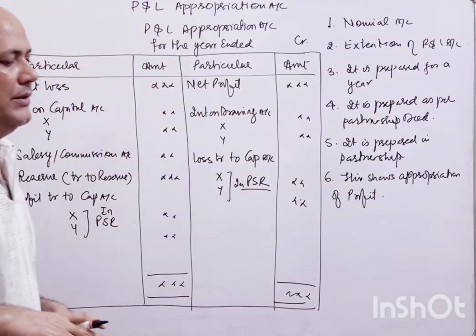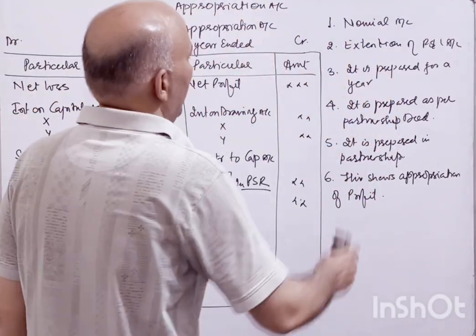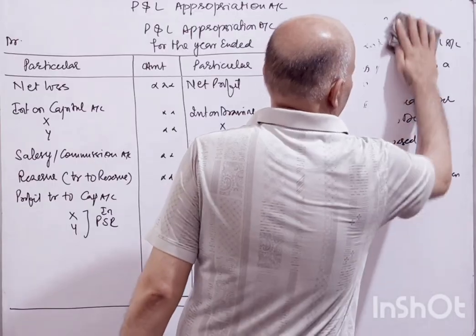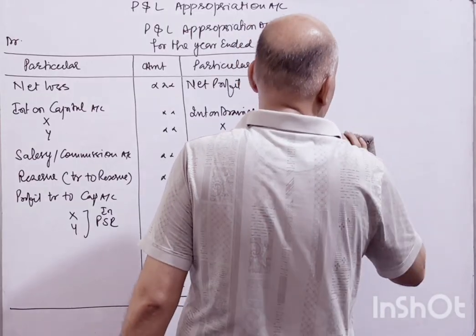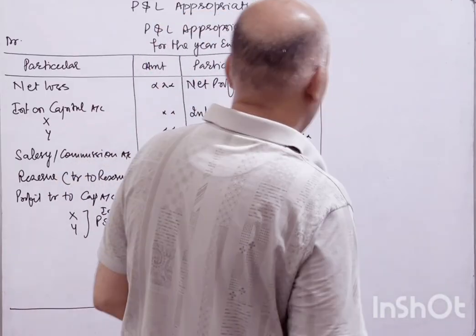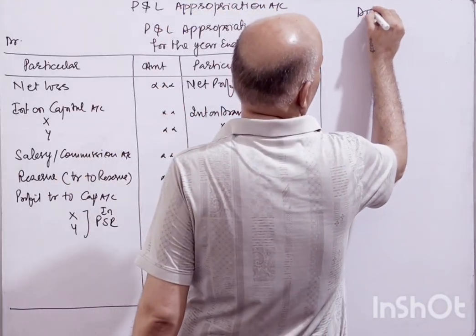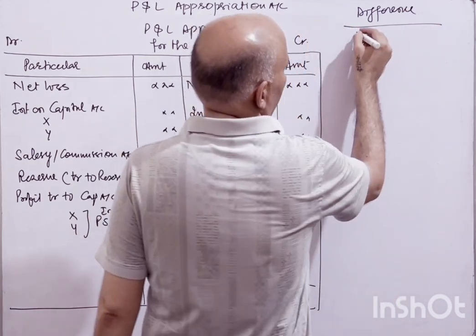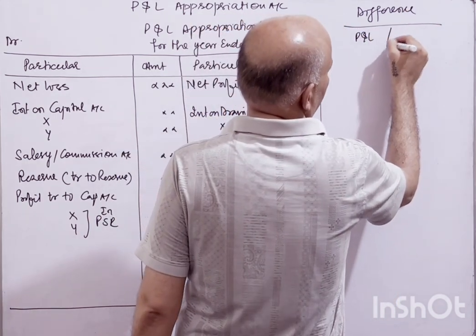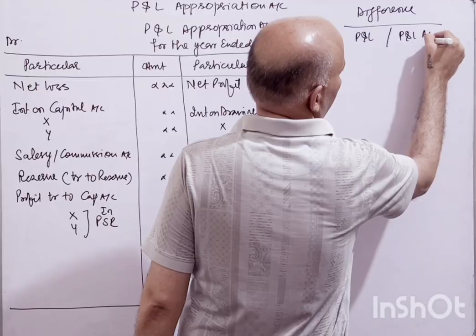The other thing you have to keep in mind is, what is the difference between the profit and loss and the profit and loss appropriation account. So the difference between profit and loss, I'm writing profit and loss first, and profit and loss appropriation account.